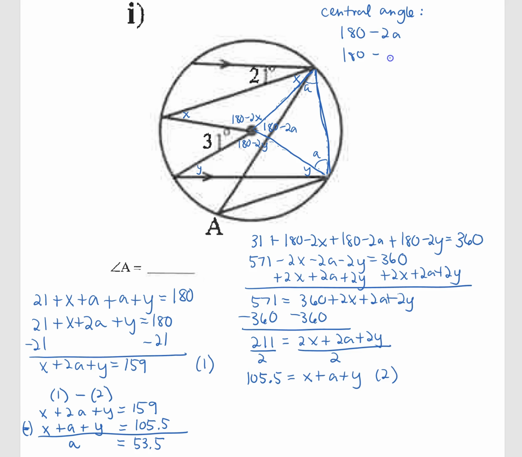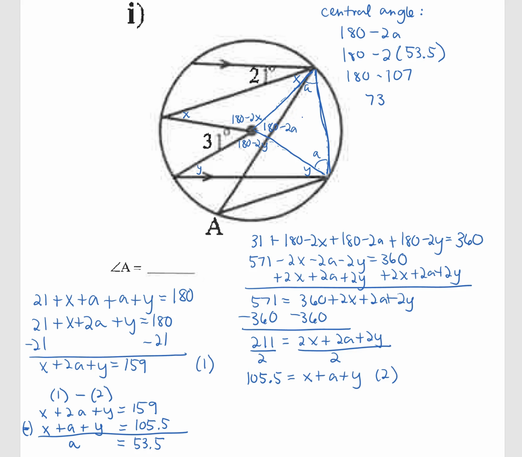And now we know that A is 53.5. So 2 times 53.5 is 107. 180 minus 107 is 73. So we found that this central angle is 73.